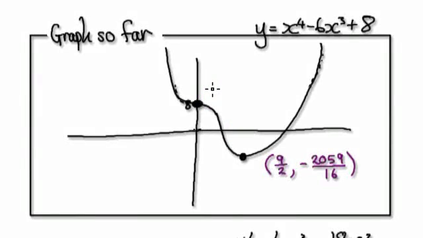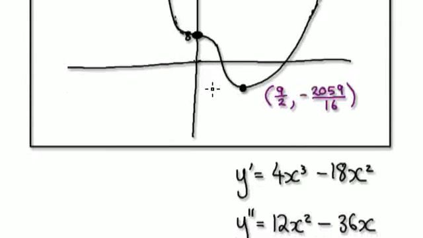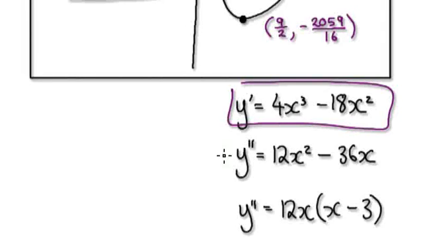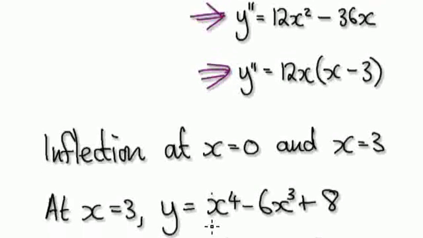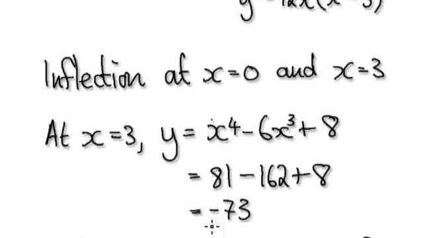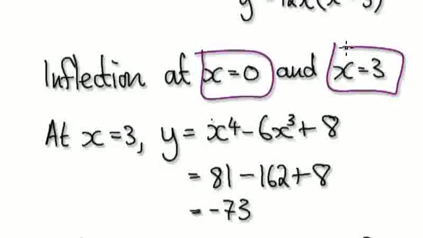To detect inflection points, you take the second derivative. So y prime is given by this. Differentiate it, it will give you this. Tidy up, it will give you this. Looking at this, the inflection points will be at x equals 0 and x equals 3.